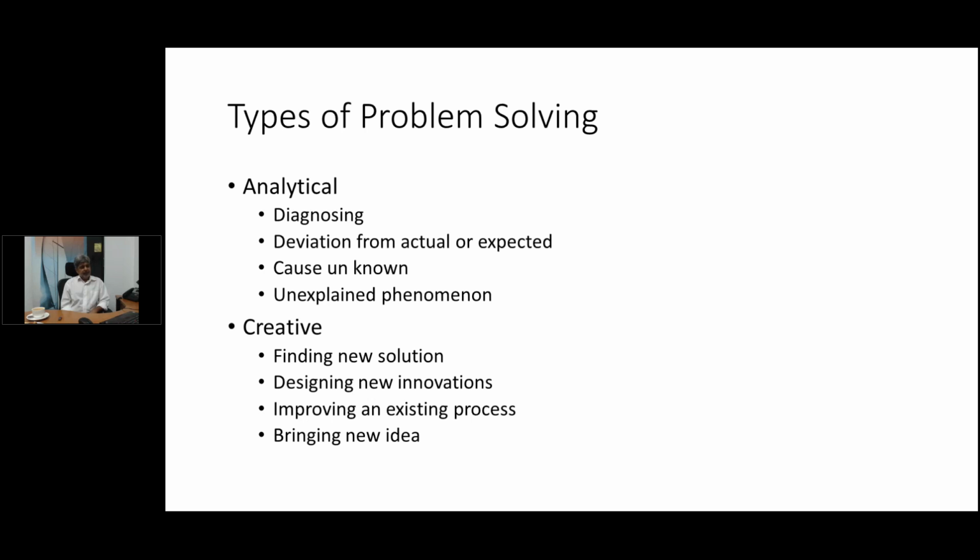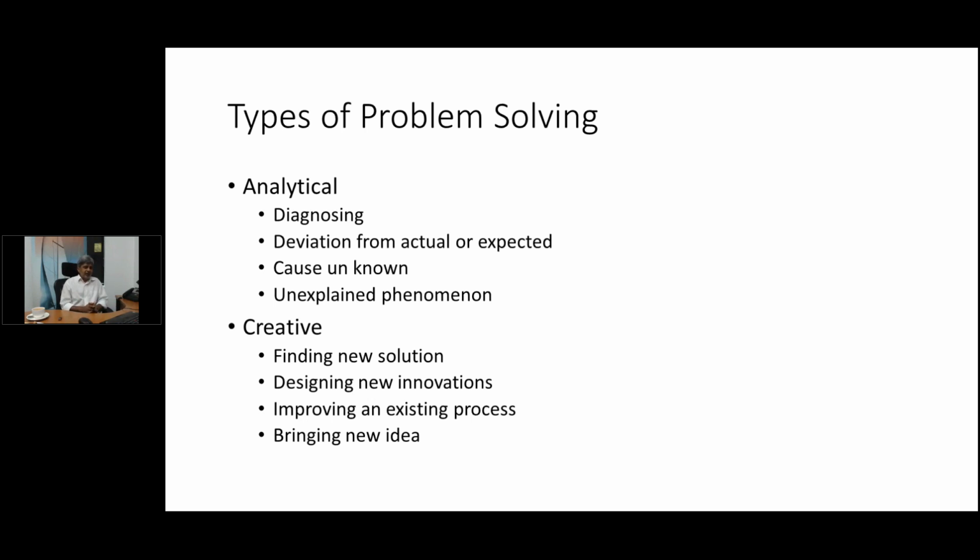Another thing is the deviation from actual or expected. So maybe we have planned for something that we will have, say maybe 1 year down the road, but we are unable to achieve that. So after 1 year, we won't be able to get the thing that we expected.